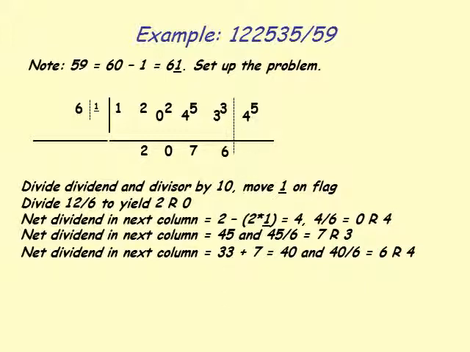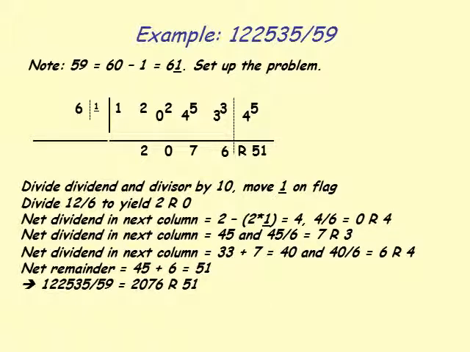Now the net remainder: 45 is the gross remainder, and 6 times negative 1 is negative 6, and we subtract that. 45 minus negative 6 is 45 plus 6, which is equal to 51. So the remainder is 51.